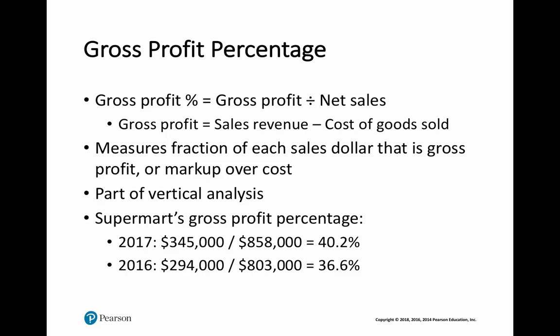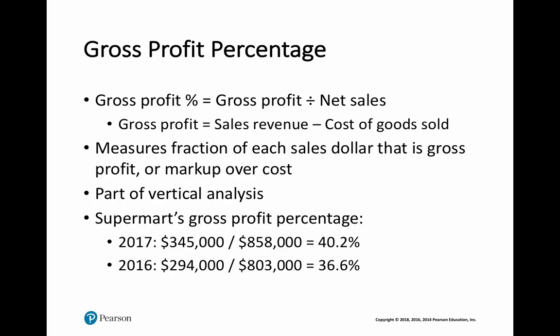Basically, for every dollar of sales, how much of it went for the product or the service that we just provided to our customer, and how much of it goes towards the markup, or how much profit we made on an individual item. Obviously, this is before we get to our operating expenses, just the difference between the buying and the selling of an individual item in inventory or a service.